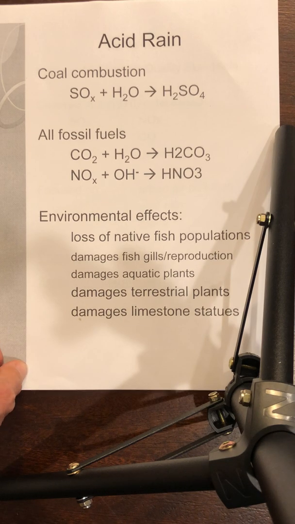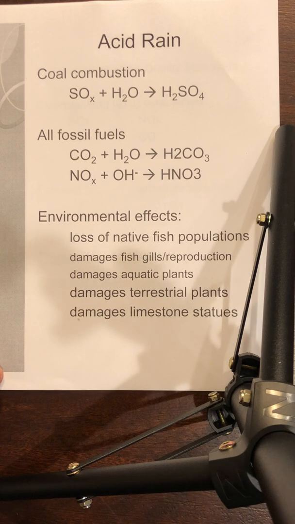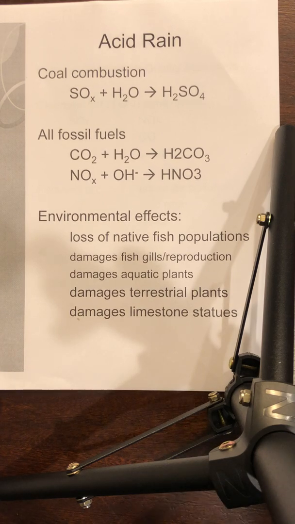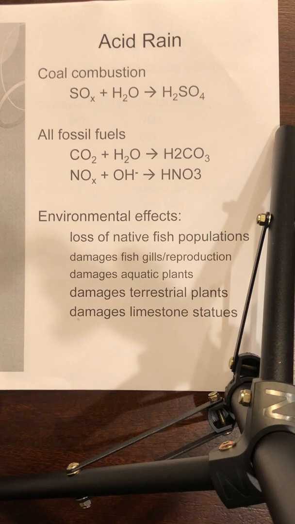It also damages terrestrial plants. So across these same areas of New England and into Canada and across Scandinavia and parts of Europe, many forests have been permanently damaged by acid rain because it burns the leaf of the plant in much the same way that dropping acid on your skin is going to give you a pretty severe burn.